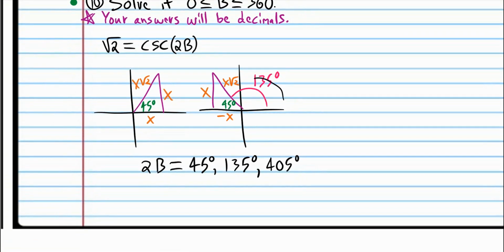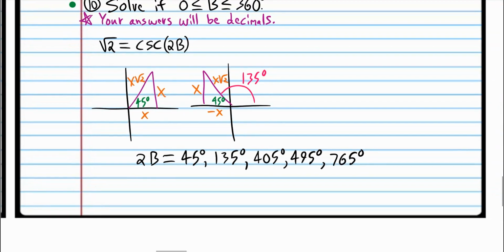Now we're going to start at 135, rotate all the way around until we get to another coterminal angle. So 135 plus 360 is 495. So that's probably going to be all that we need, but let's go ahead and find one more coterminal angle. 405 plus 360 is 765, just so we can rule out the idea that there's any more of those.